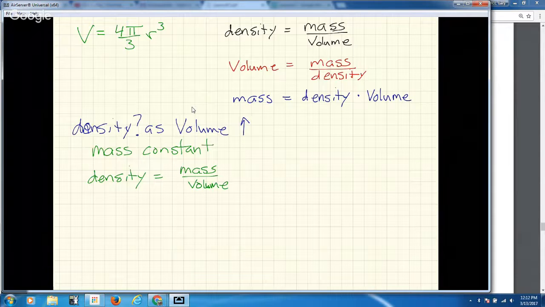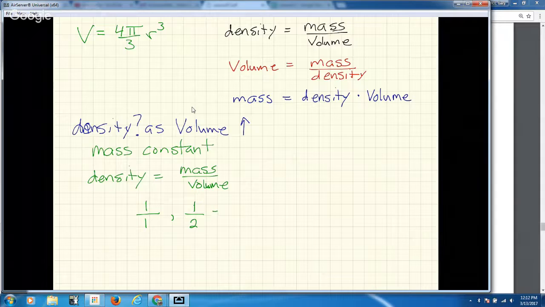And let's consider a simple example where the mass is 1. If the volume was 1, the density is 1. If we take that same mass of 1 and we make it twice the volume, notice then the density becomes 1/2, right? Mass over volume.